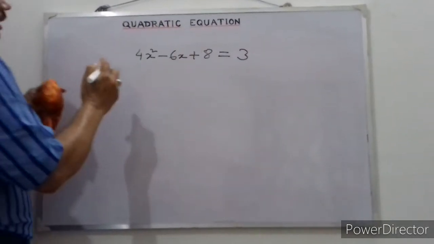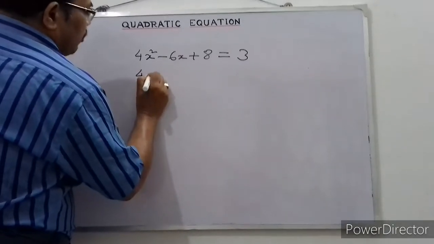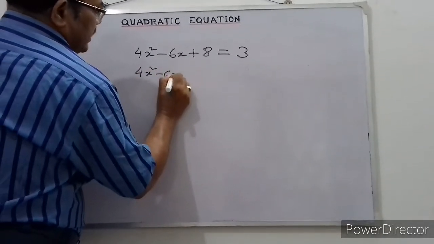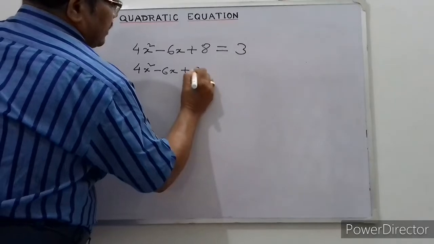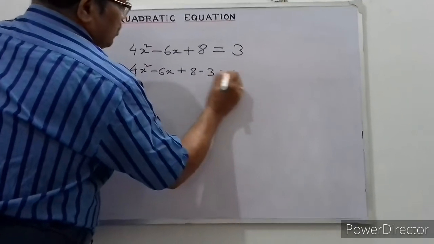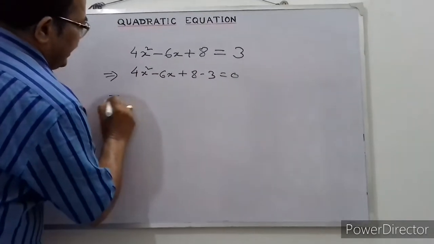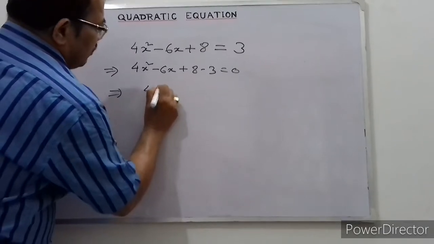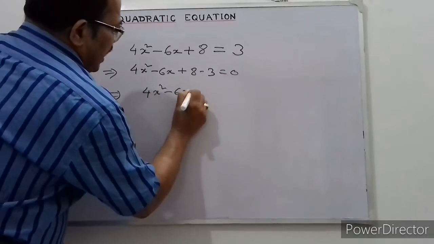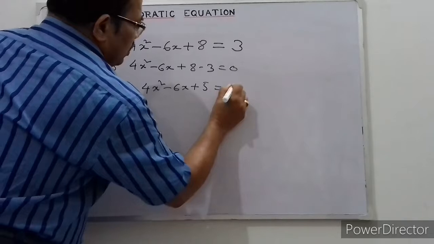If we take everything in the left hand side, we will get 4x square minus 6x plus 8 minus 3 equals 0, or we can say 4x square minus 6x plus 5 equals 0.